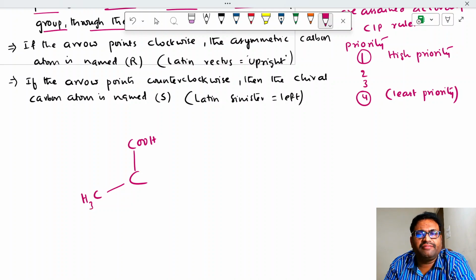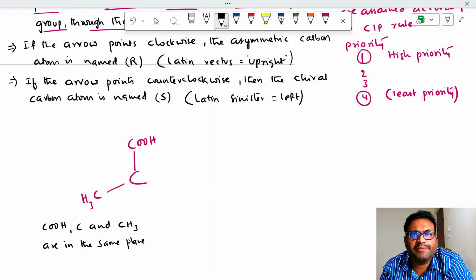The single lines or simple lines represent that they are in the same plane. COOH, C also, carbon and CH3 are in the same plane.